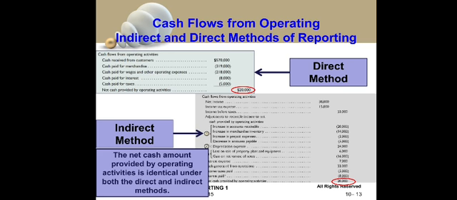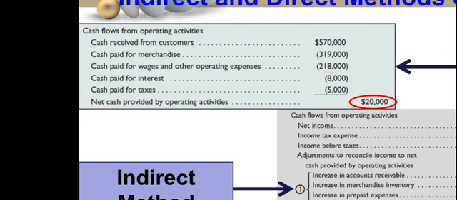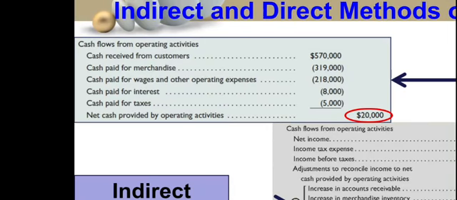So the top box is the direct method. You can see that if a company uses the direct method to prepare the cash flow statement, it is very straightforward. The cash flow from operating activities is shown as cash in and cash out. In this example, there is cash received from customers, cash paid for merchandise, cash paid for wages and other operating expenses, cash paid for interest, cash paid for taxes.